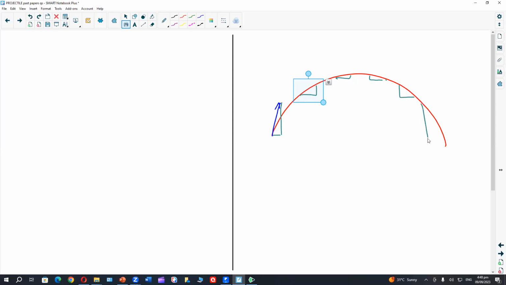Horizontal displacement does not change. This is projectile motion. The horizontal displacement is the same, but the vertical displacement is decreasing, and then when it reaches the maximum point, the vertical displacement is not changing anymore.